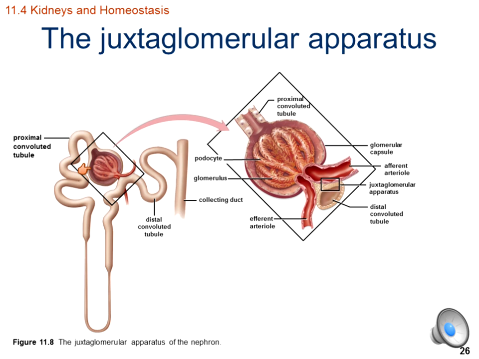So this is our juxtaglomerular apparatus here. This is the point where the afferent arteriole comes into the glomerulus, and then we have the efferent arteriole that leaves out of it. Where it touches here, this point is the juxtaglomerular apparatus, and it's touching that distal convoluted tubule.